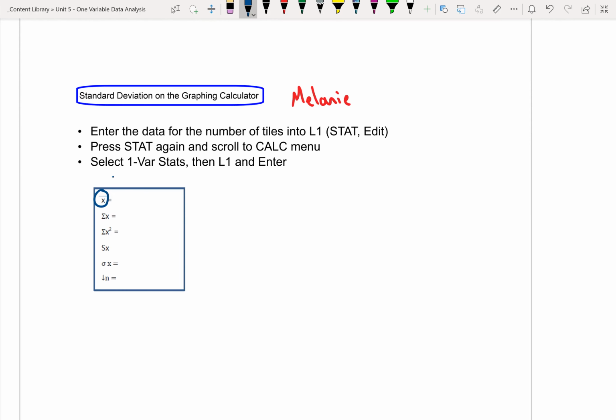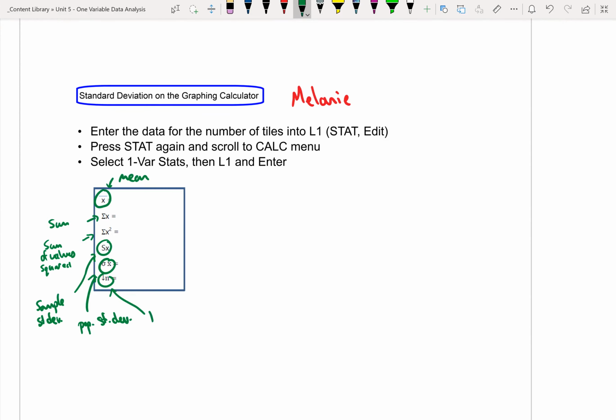So we have our x bar, which is our mean, we have the sum of our x's, the sum of all our data points, the sum of values squared, we have our sample standard deviation, we have our population standard deviation, and we just have our total number of data points.